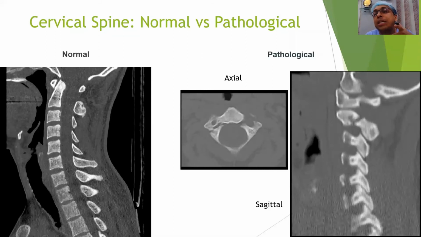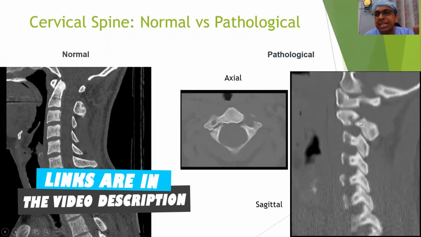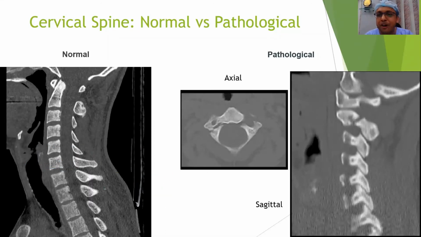So if someone wants to hang themselves or gets hurt in a whiplash injury, the odontoid process with this fracture enters the medulla oblongata and probably pierces through the breathing center in the medulla, thereby with respiratory distress, that individual expires or dies.